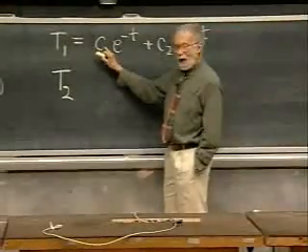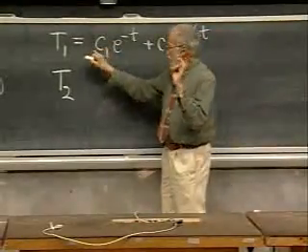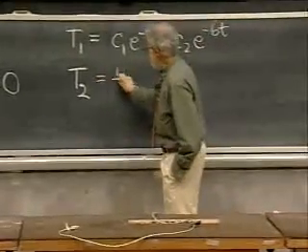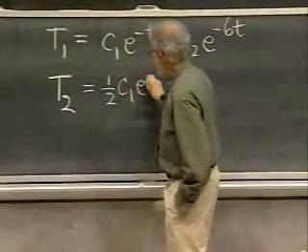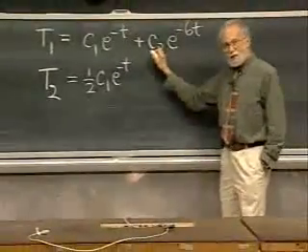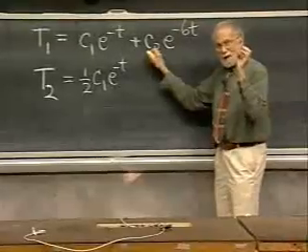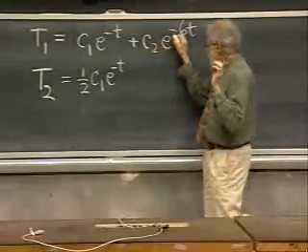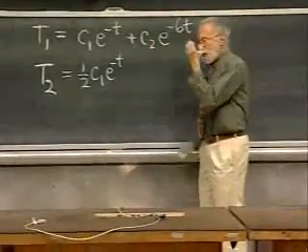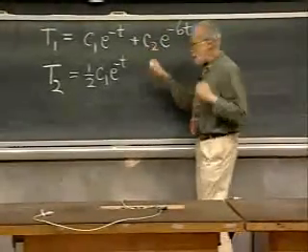So minus 1/2 C1 plus C1 gives me 1/2 C1. And here, I take the derivative, it's minus 6C2. Take half of that, minus 3C2, and add this C2 to it. Minus 3 plus 1 makes minus 2.